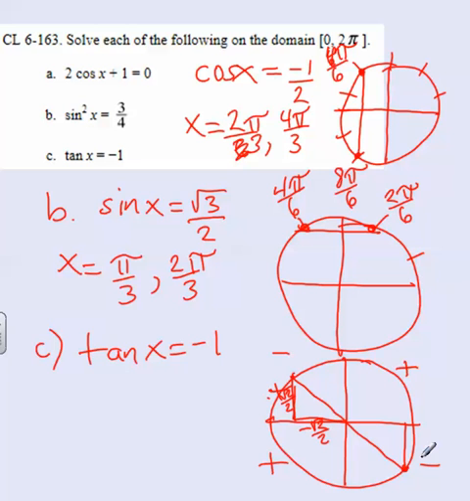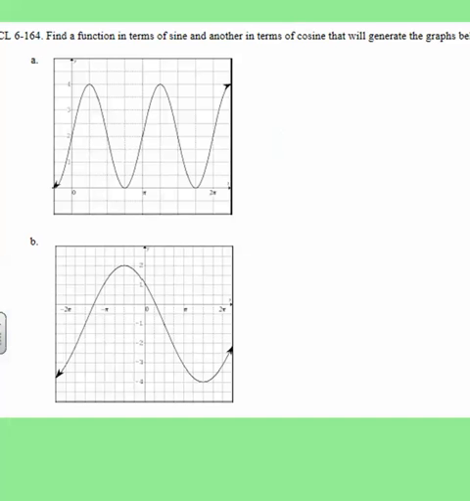Same with here. So if we count that out, we've got 1/4, 2/4, 3/4. So 3/4 pi, 4/4, 5/4, 6/4, 7/4. So we've got x at 3 pi over 4 and 7 pi over 4. On to the next problem.